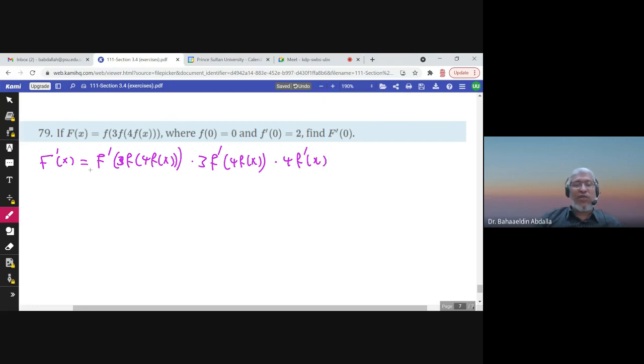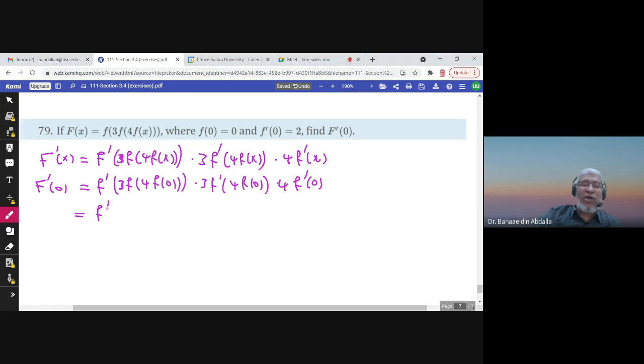So this is the derivative of f capital. So now f capital prime at 0 would be f prime at 3f of 4f of 0, okay, times 3f prime 4f of 0 times 4f prime of 0.